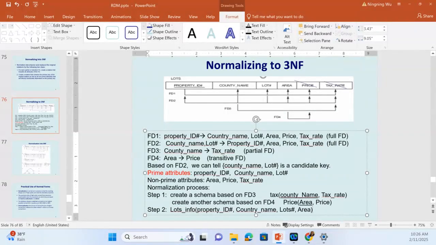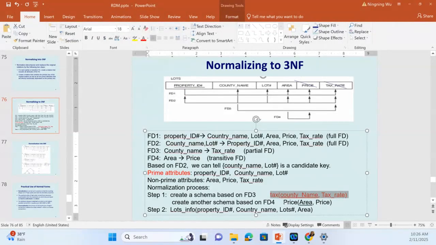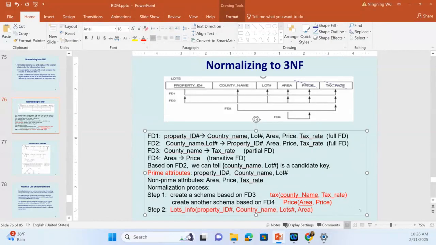Finally, we use these three smaller relation schemas to replace the original relation schema, the lots. Okay, so this is how we do the normalization process.